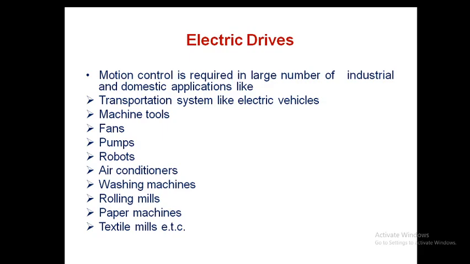If you go for air conditioners, washing machines, that may be tens of watts. If you go to textile mills or paper machines, it may be in kilowatts. If you go to traction applications, that is in megawatts. So in all levels you can find electric drive applications, wherever some motion control is required.